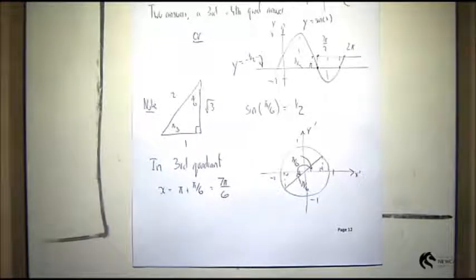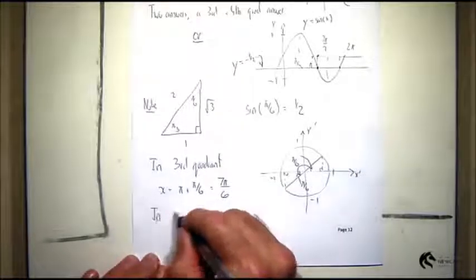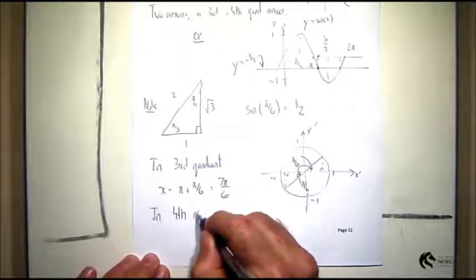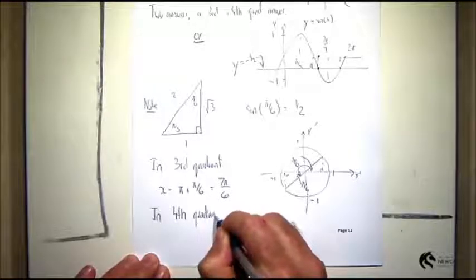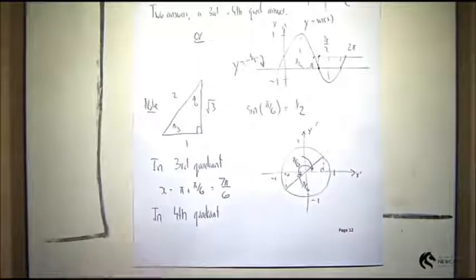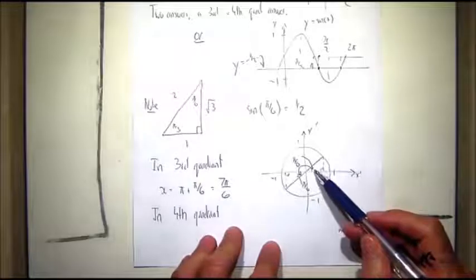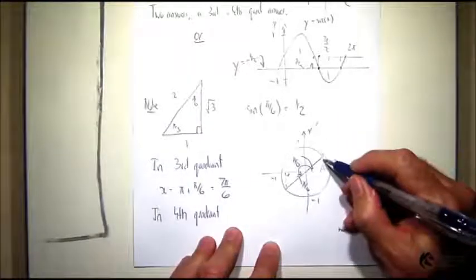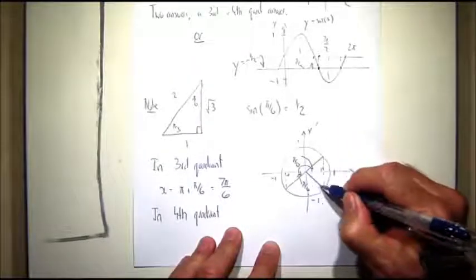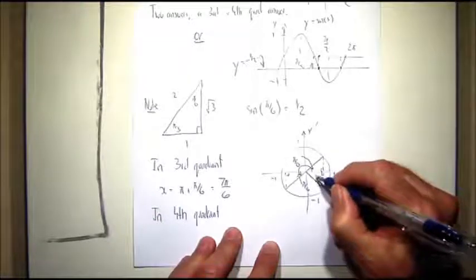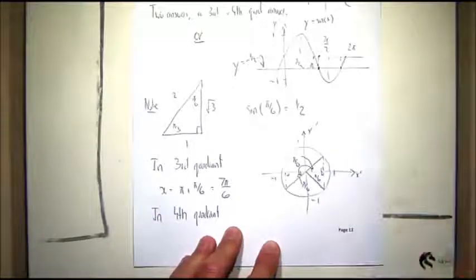Let's do the same now for the fourth quadrant. So in the fourth quadrant, now what triangle matches this one here, has the pi on 6 in the fourth quadrant? It'll be the one that comes down here. It's this one. That's a right angle. That angle is also pi on 6.